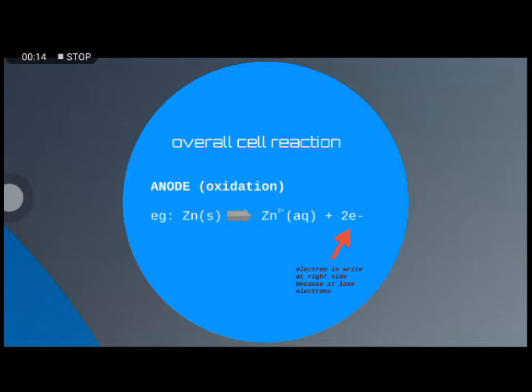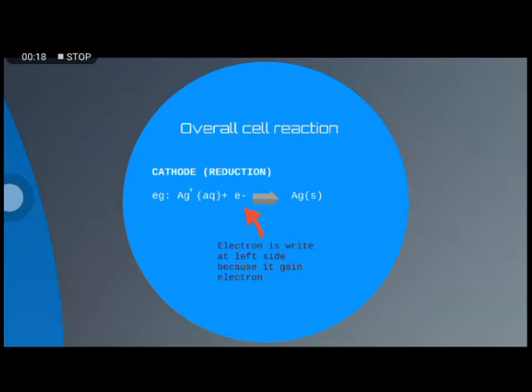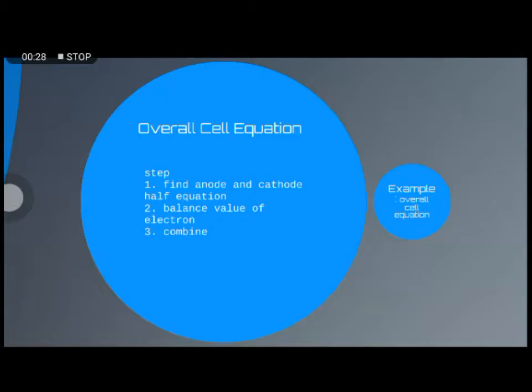Therefore, the electron is at the right side. Next is at cathode. Cathode undergoes reduction, so it gains electron. Therefore, the electron must be at the left side. After we find the anode and cathode half equation, second we have to balance the value of electron, and third we have to combine both of the equations.